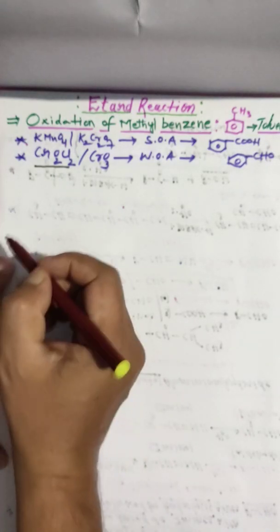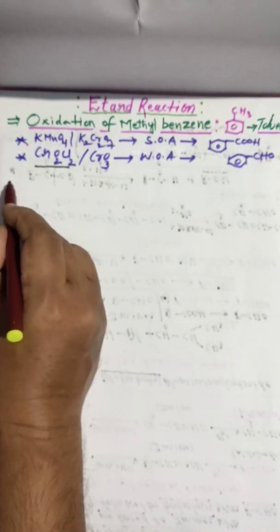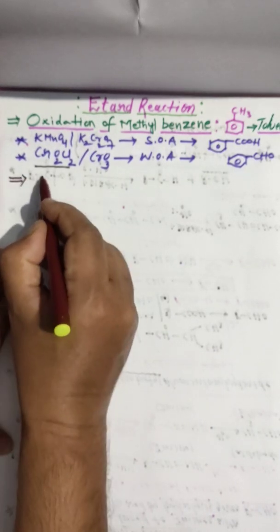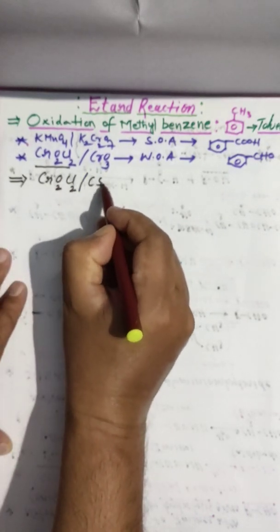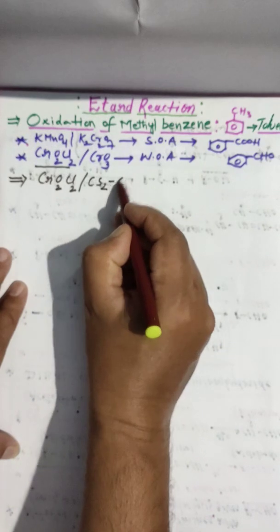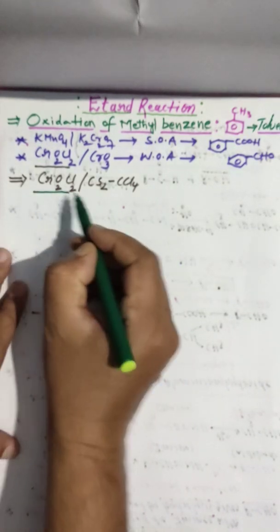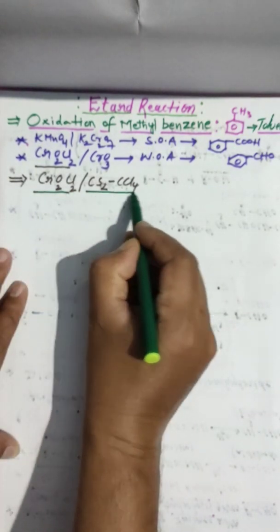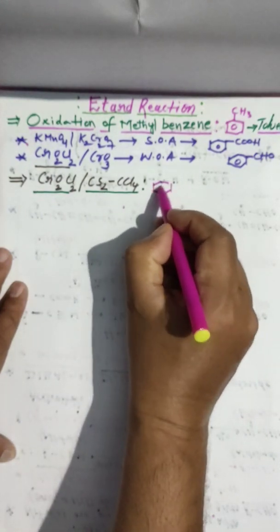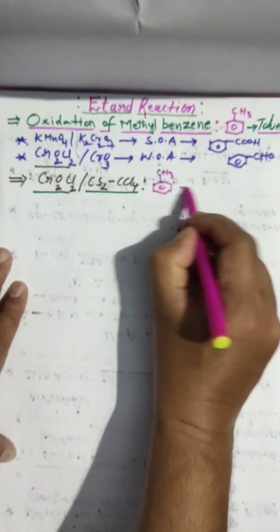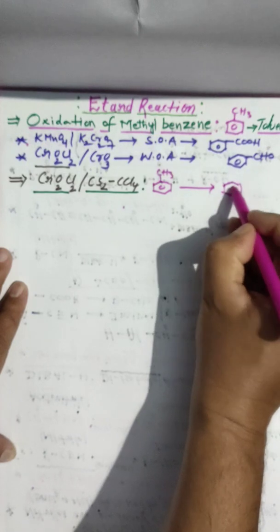If you use chromyl chloride as oxidizing agent in the presence of CS2, carbon disulfide, a non-polar solvent, or you can take carbon tetrachloride also, no problem, then you get toluene to benzaldehyde.